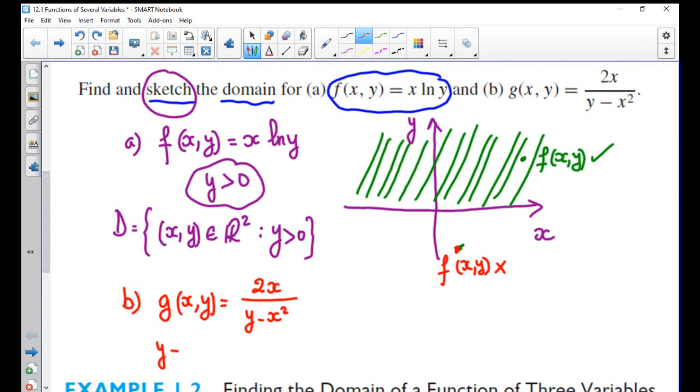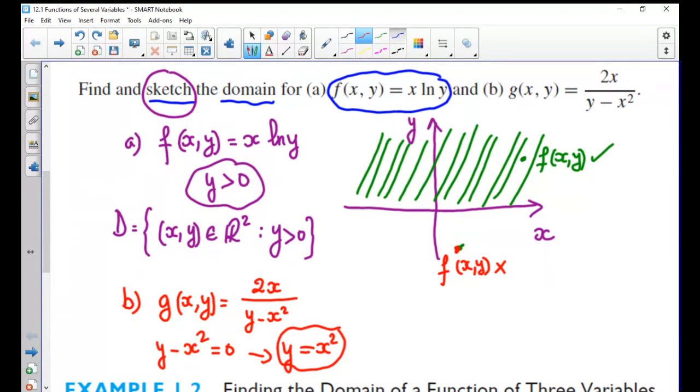So y minus x squared, I should not have it equal to 0. So that means y should not be equal to x squared. That means the domain is everything in the plane except the parabola y equal x squared.